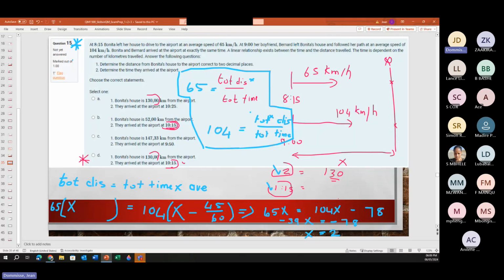So we at least got that the time it took for her was 2 hours. The time it took for him was 1 hour and 15. So we got to the 10:15.